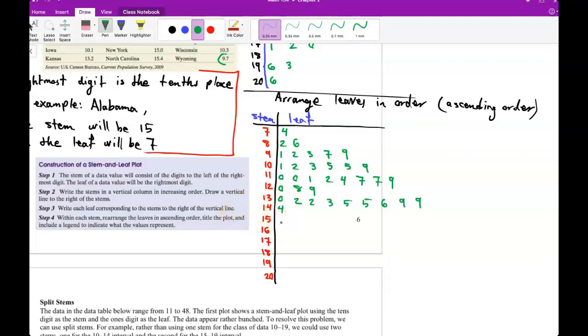For 15, we have 0, 0, 2, 2, 4, 4, 8. 2, 6, 9. 0, 1, 2. For 18, nothing. Here is 3, 6, and here is 6.